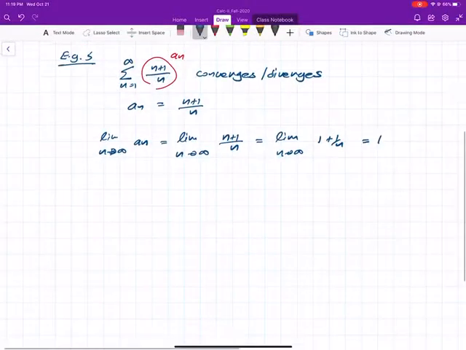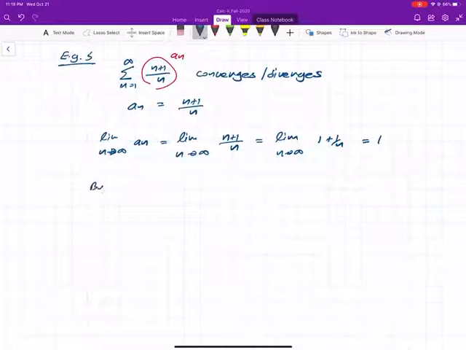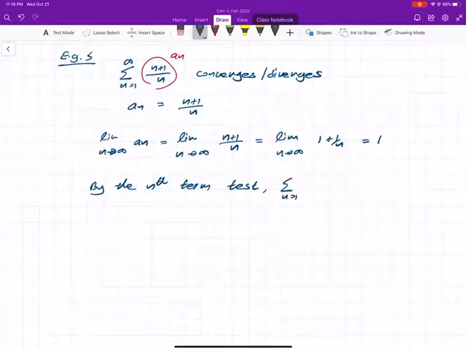Okay, then by the n-term test, sigma n goes from 1 to infinity, the given series diverges. Okay, so the limit of an is just 1.